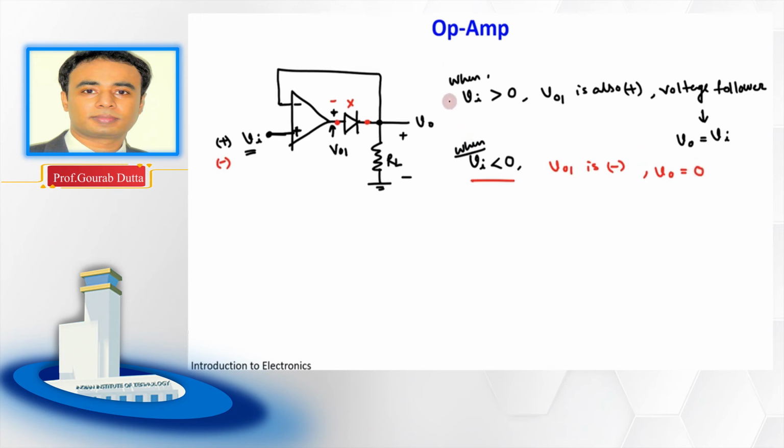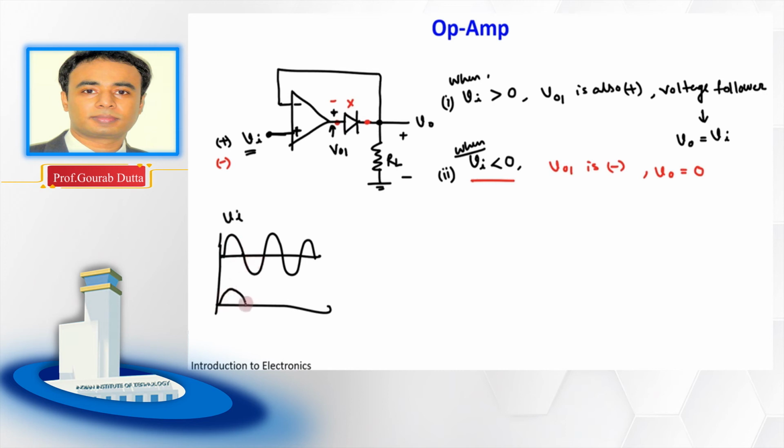If you have understood these two parts, then think about it. If we have applied one sinusoidal signal at this input, then what do we expect at the output? See, here whatever is the input for the positive half cycle, the exact positive half replica we will get.